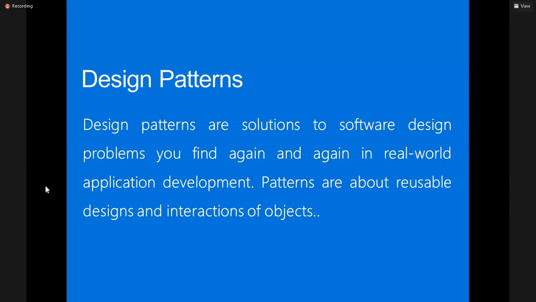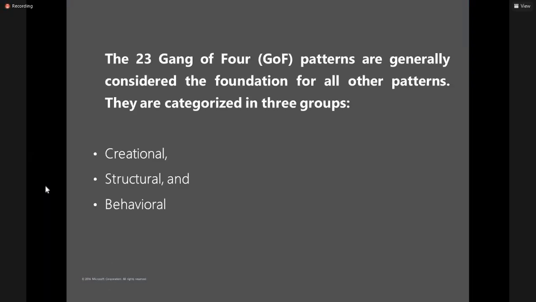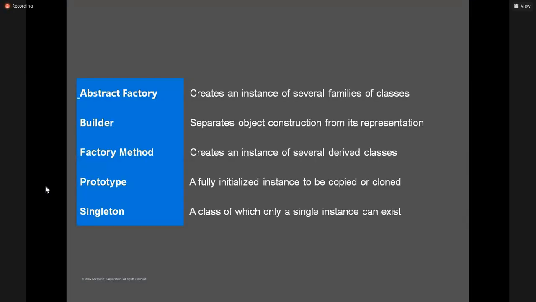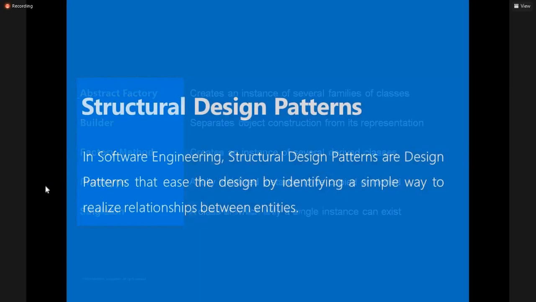Actually, in design patterns, we have the Gang of 4, with 3 categories: creational, structural, and behavioral. These are creational patterns: abstract factory, builder, factory method, prototype, singleton. These are called creational.